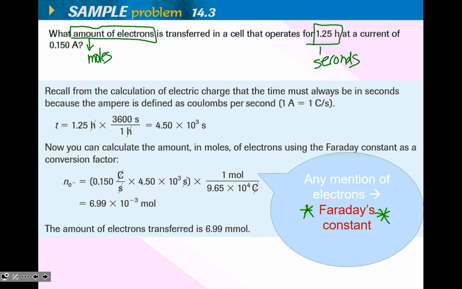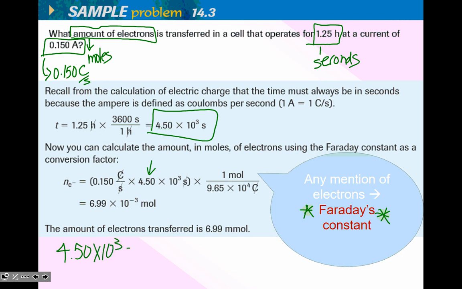At a current of 0.150 amps, and we also know that that is equal to 0.150 coulombs per second. Okay, so here we are changing the time to seconds. Again, this hurts my brain. What I prefer is, I'll write it down here, 4.50 times 10 to the power of 3 seconds.